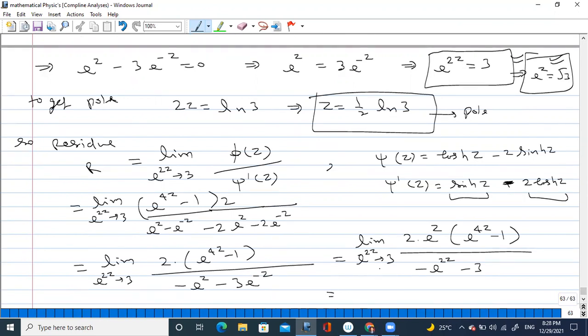So 2 into under root 3, and e to the power 4z is the square of 3, so it will become 9 minus 1, that is 8, divided by minus 3 minus 3. So the answer is minus 6, so the 2 cancels, it will be minus 3, so 8 by root 3.